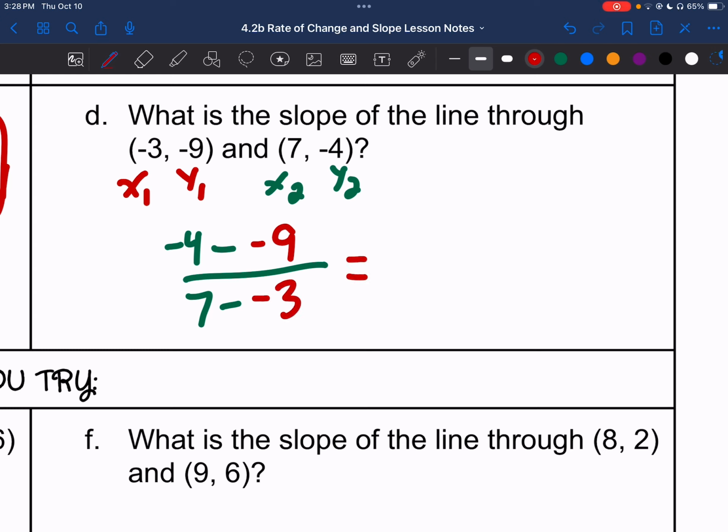And negative 4 minus negative 9, negative 4 plus 9 gives me 5. 7 minus negative 3, 7 plus 3 is 10, which reduces to 1/2.